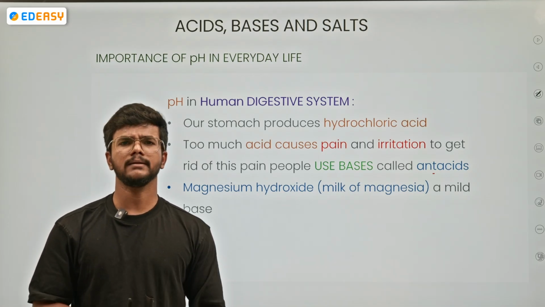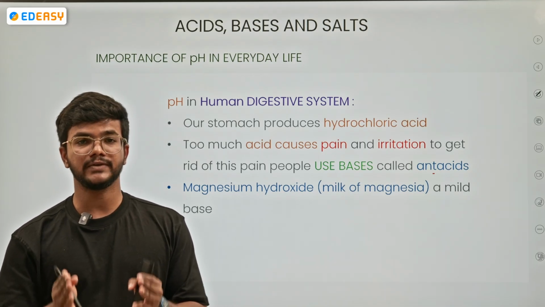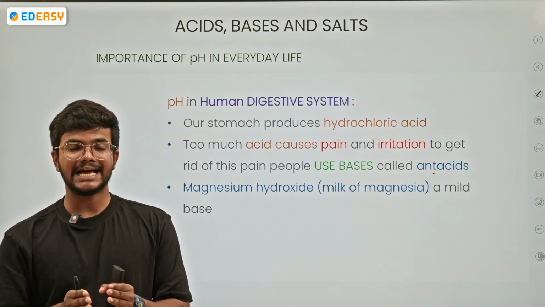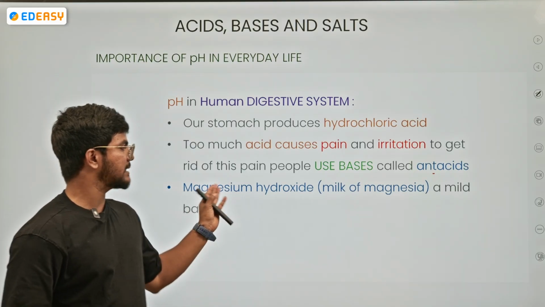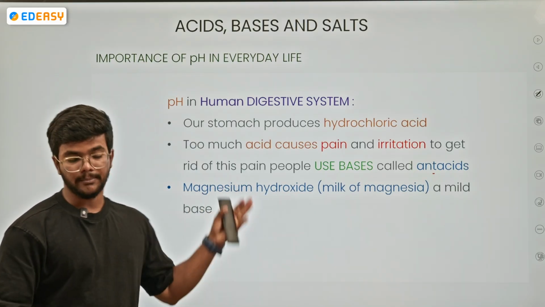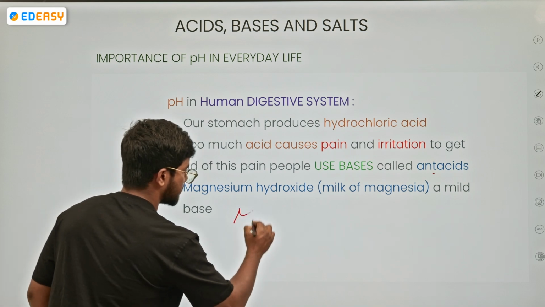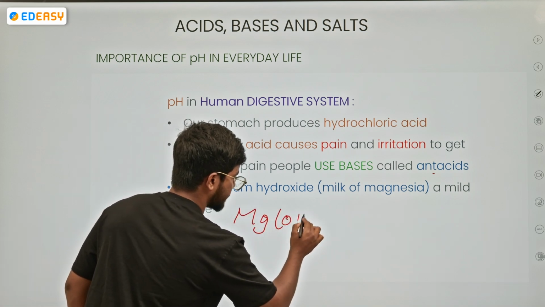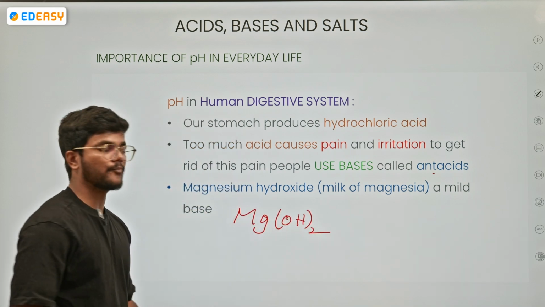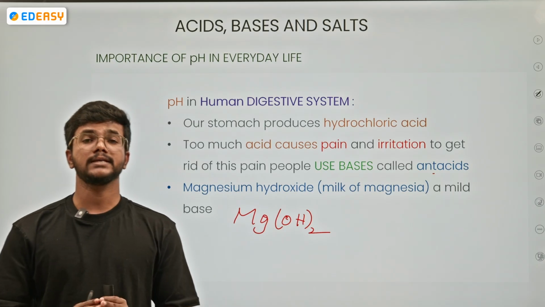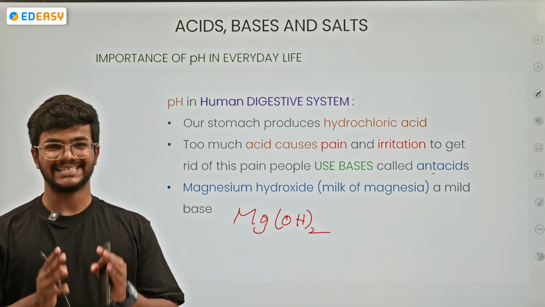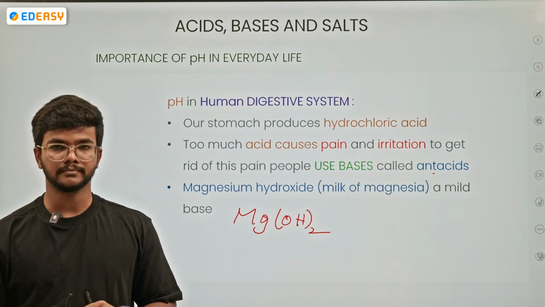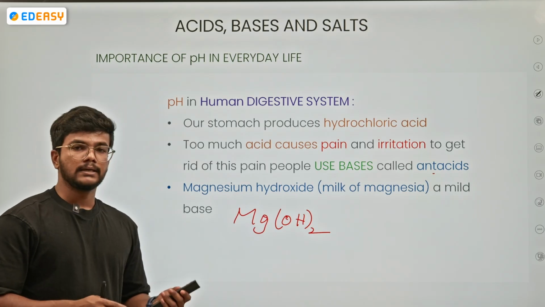The common mild base used to decrease the acidity is milk of magnesia, which is magnesium hydroxide. The formula is Mg(OH)2. Milk of magnesia is a mild base used for acidity.